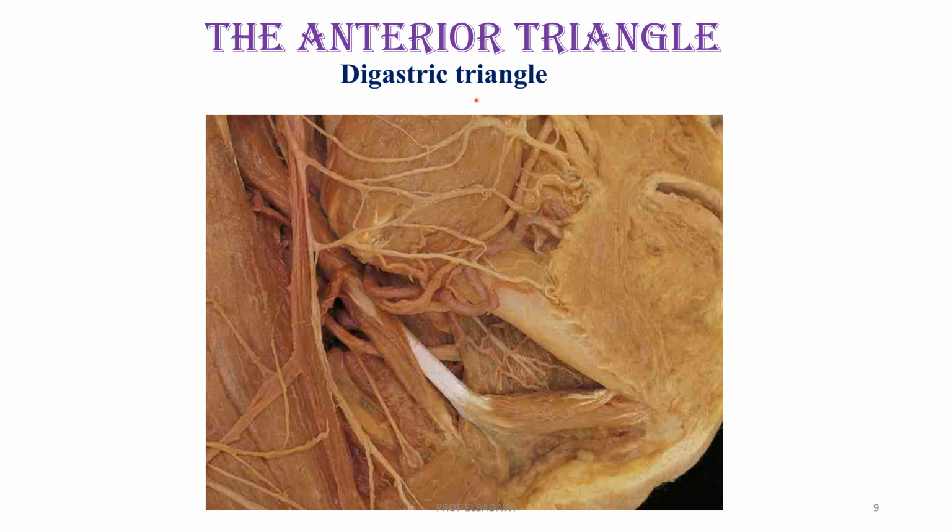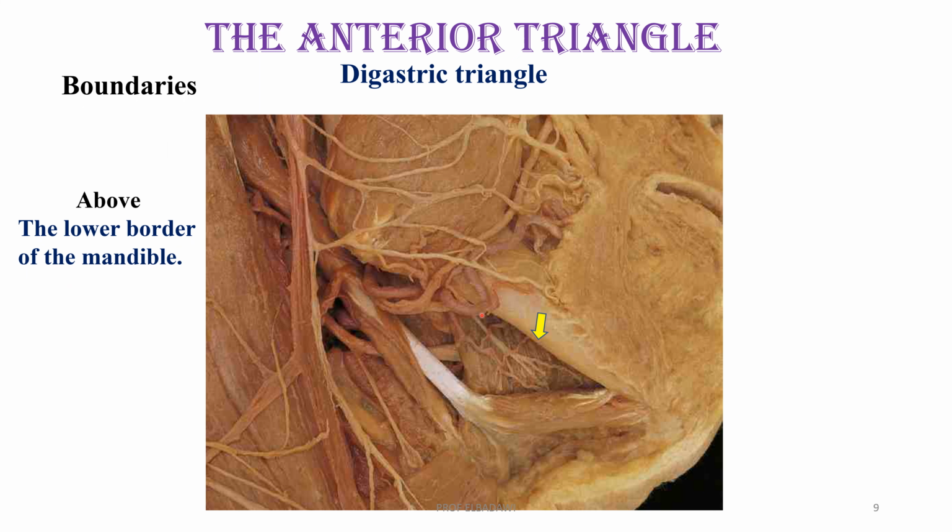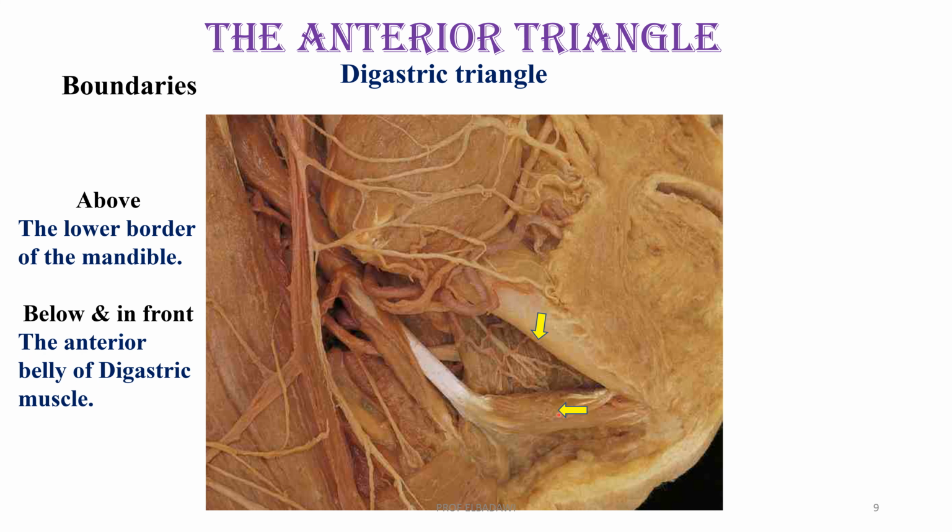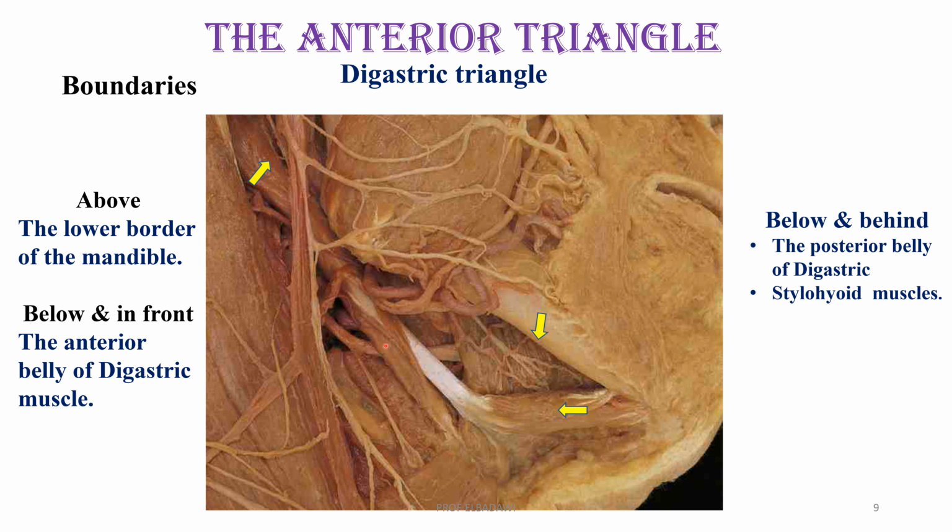The second one is the digastric triangle, the one which we can see over here, bounded above by the lower border of the body of the mandible. Below and in front will be the anterior belly of the digastric. Below and behind will be the posterior belly of the digastric and the stylohyoid muscle.